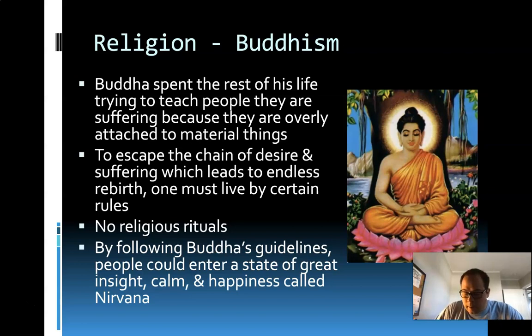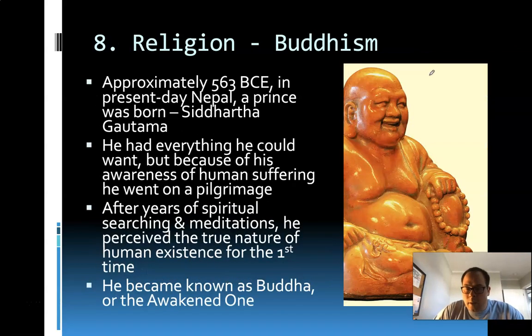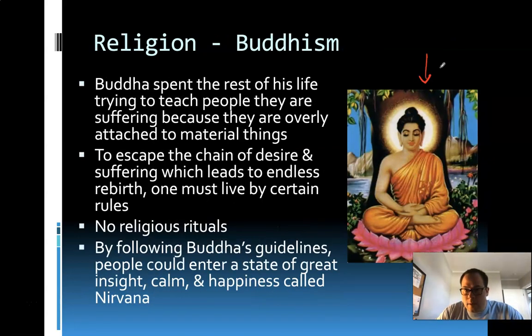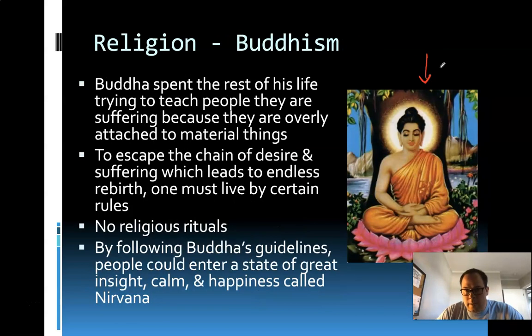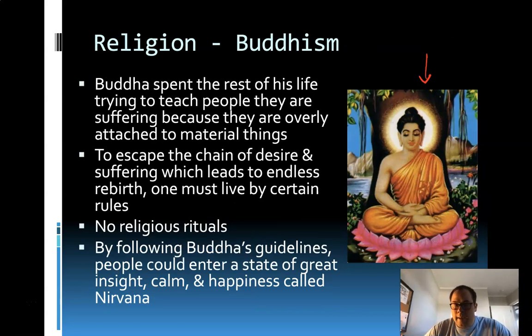And I do want to draw the comparison between these two images of Buddha. So this is one that's frequently seen in modern cultures. This is another image. You can notice there's a large difference between how he's being perceived. For reference, one of the things that Buddha is known for was eating a grain of rice a day.